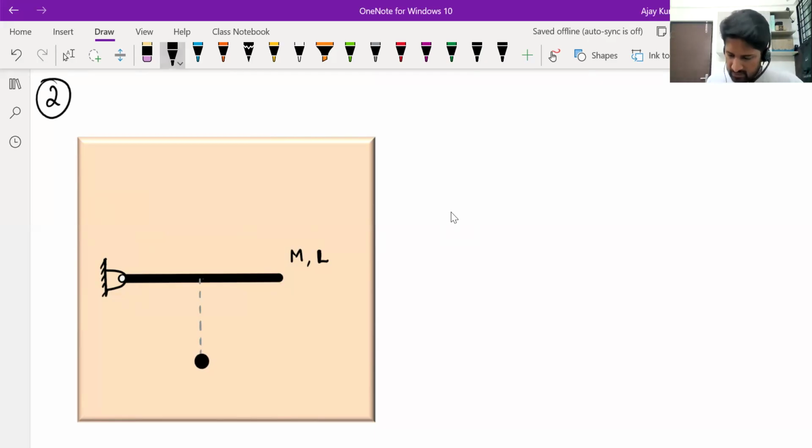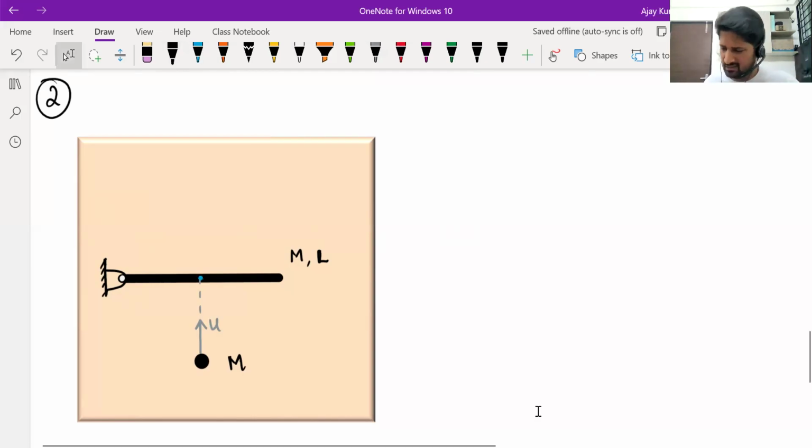Again, the particle mass is m itself. It's moving with a speed u, perpendicular to the rod, and it goes and hits the rod exactly at the center. Okay, I want you to find out.